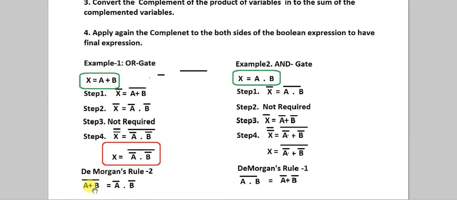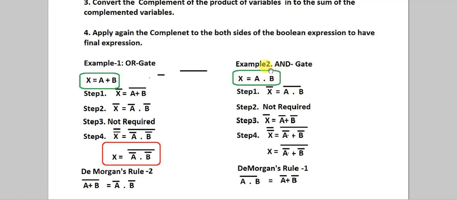So that is De Morgan's rule 2, which we have applied for this particular expression. This will be very helpful in representing certain gates in terms of universal gates. They are very helpful in representing one type of gate as another type of gate.